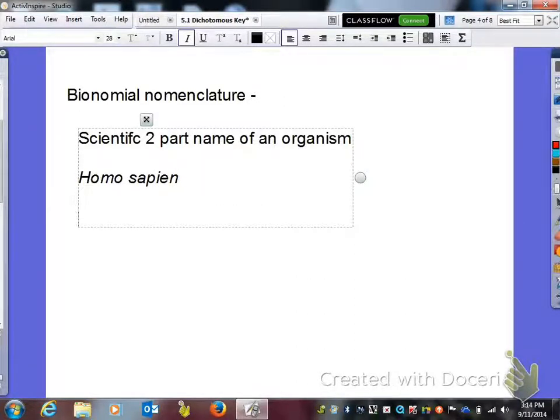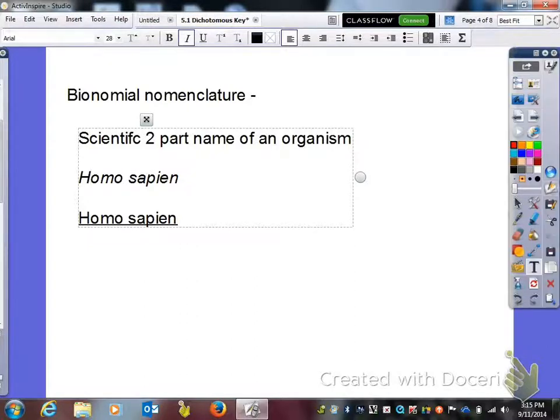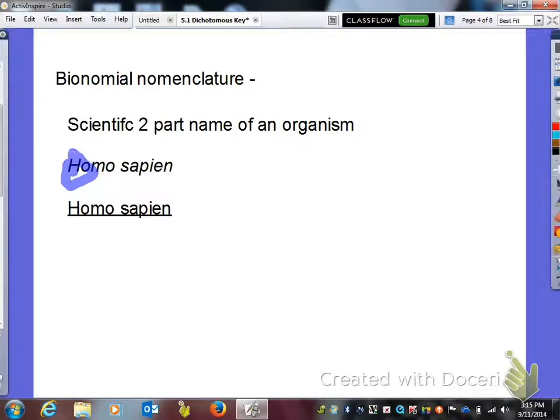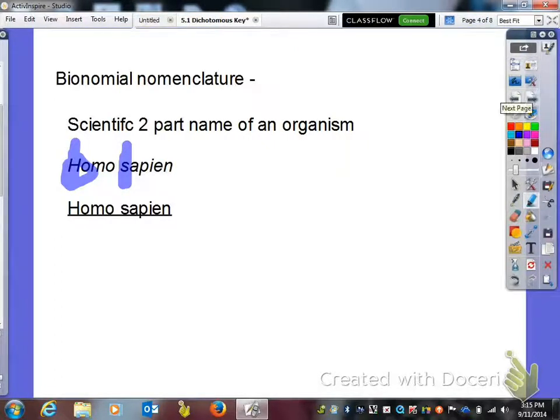If you are handwriting it out, then you need to underline it. Also, notice that the genus, which in this example would be the word Homo, is capitalized, and then your species is always lowercase. So you as a human, you are a Homo sapien. That is your genus, and that is your species.